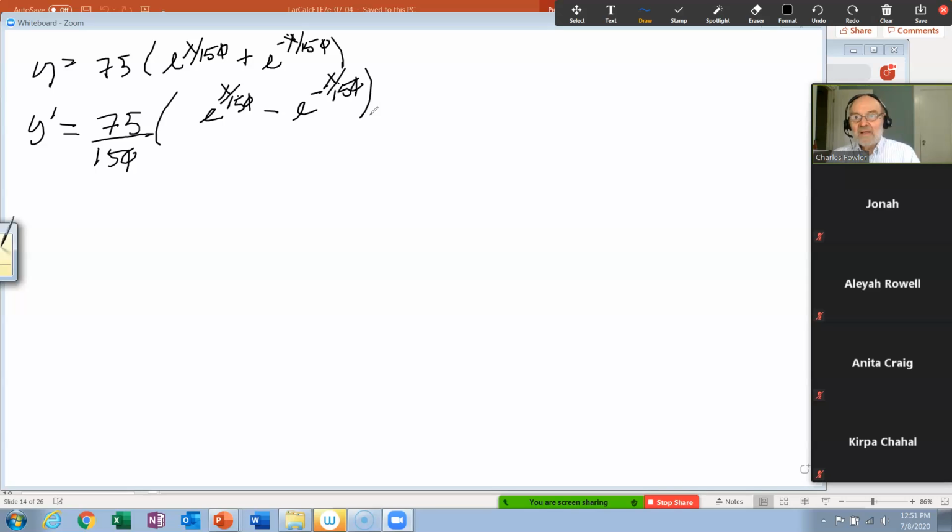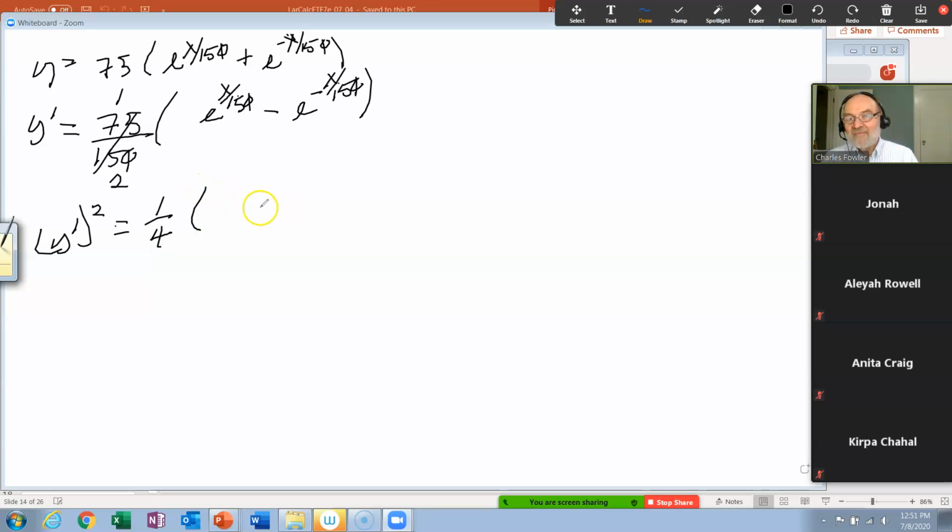Now, this becomes 1/2. Now, we've got to square that. When we square that, y prime squared is equal to 1/4. 1/2 squared is 1/4.